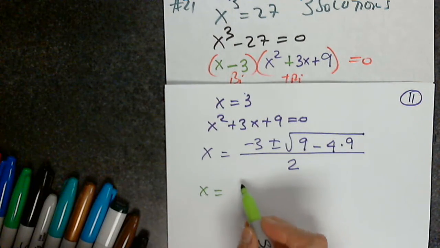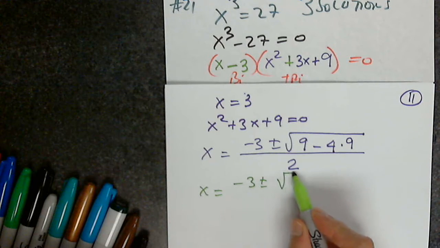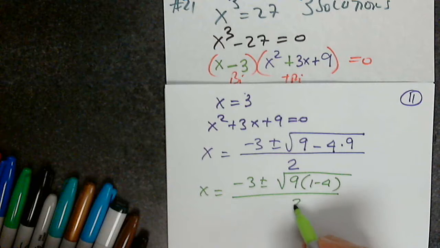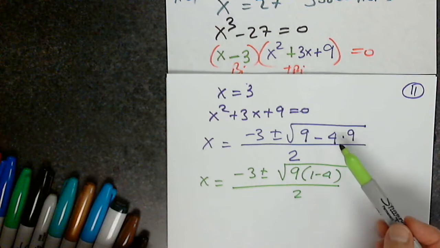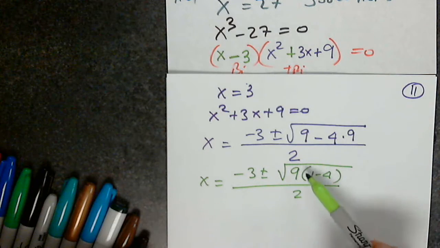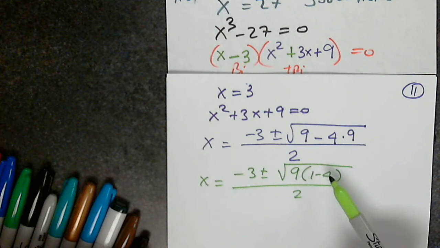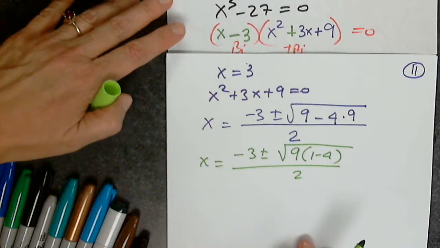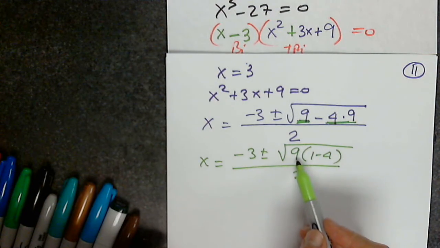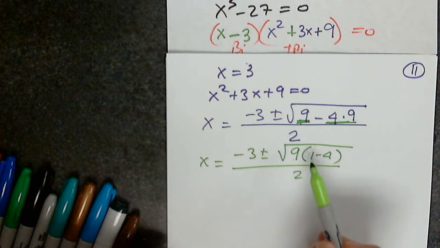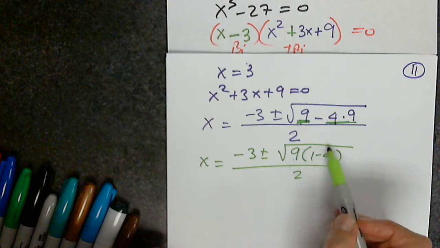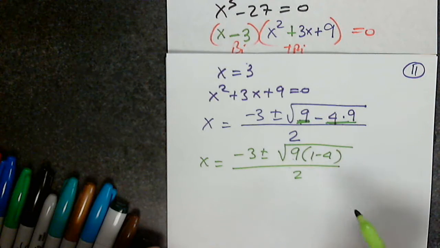But this is what I would like to do. Instead of multiplying this and then subtracting 9, or 9 minus this, and then having to deal with -27, I would rather notice that these 2 terms have 9 in common. 9 times 1 is 9. 9 times 4 times 1, negative 36.